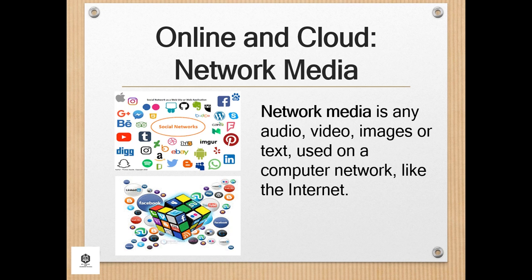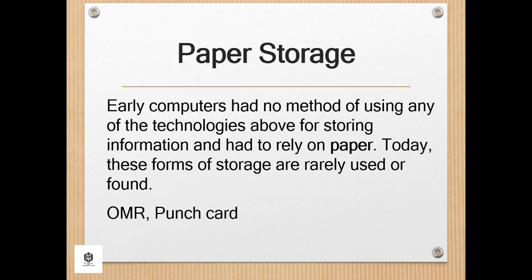Next is the network media. Network media is any audio, video, images, or text used on a computer network like the internet. And the last type of the data storage device is the paper storage.